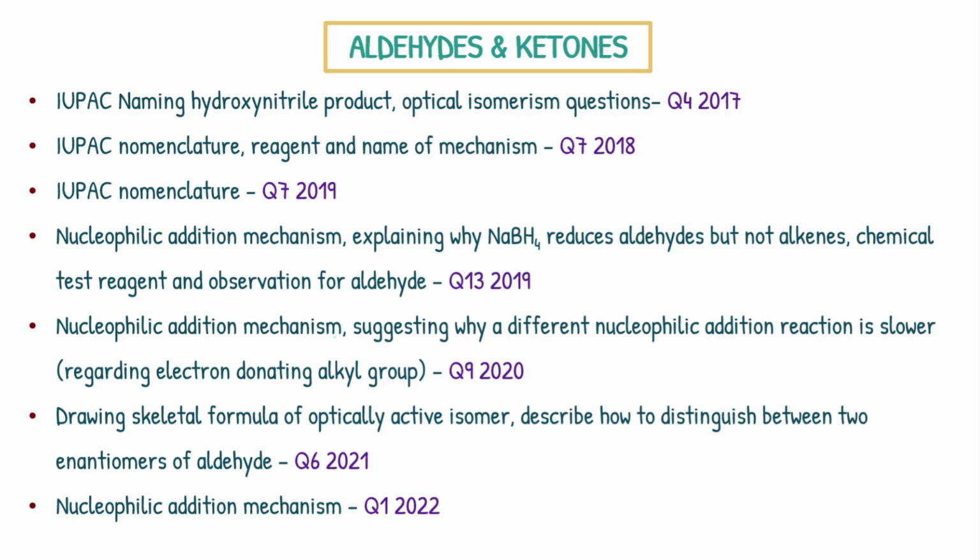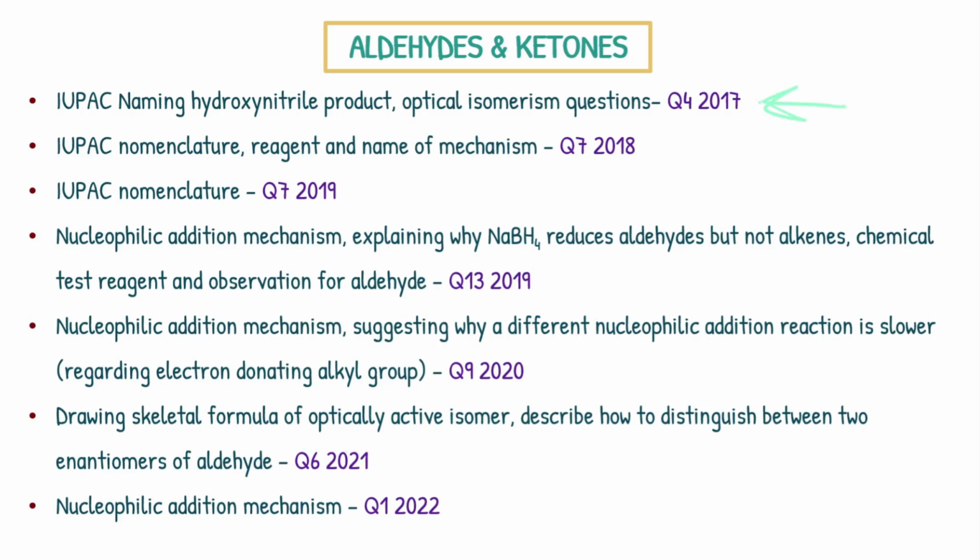Next up, nucleophilic addition mechanism again. This is very common, nucleophilic addition. And then we had to be able to suggest why a different nucleophilic addition reaction is slower. And this regards electron donating alkyl groups, methyl groups, stuff like that. So just keep that in mind. And you have to be able to draw the skeletal formula of optically active isomer and then describe how to distinguish between these two enantiomers.